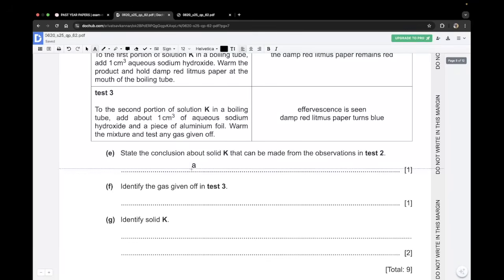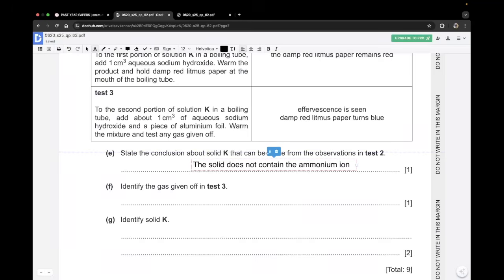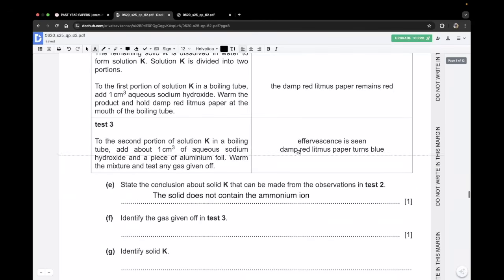So we can conclude confidently that the solid does not contain the ammonium ion, because this is a test for NH3, and for NH3 to be formed as a gas, the compound should contain the ammonium ion, but it doesn't.